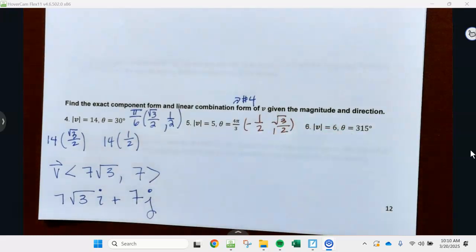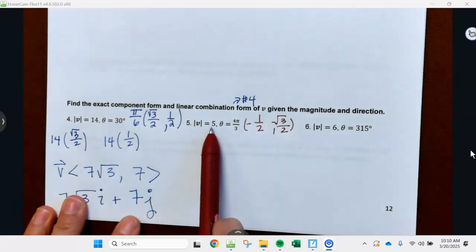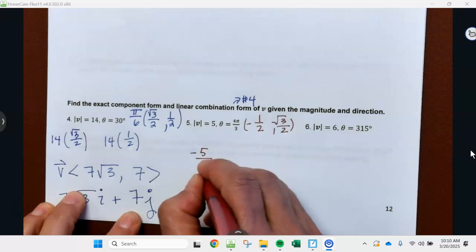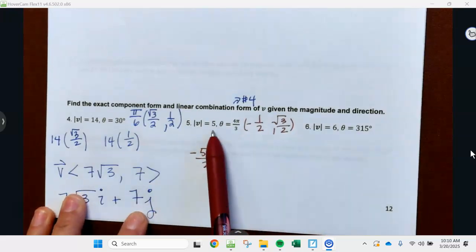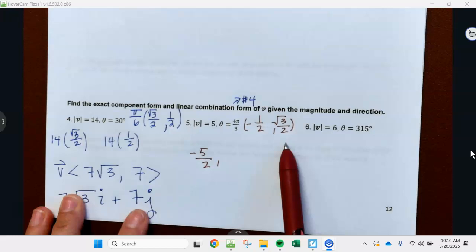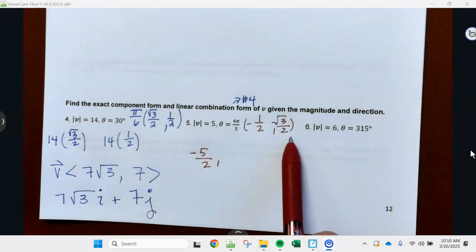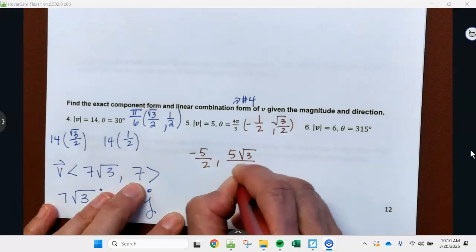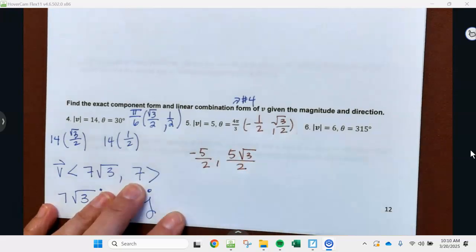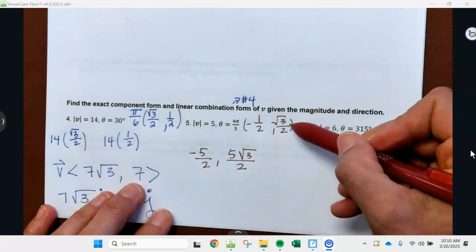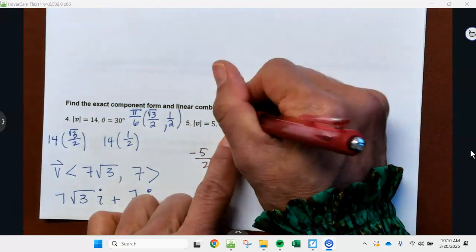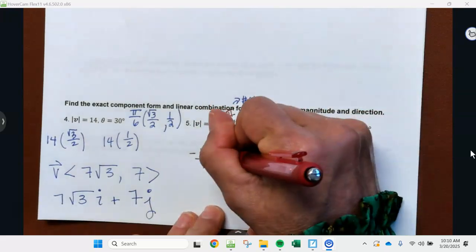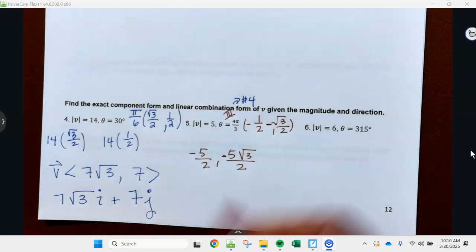Just going to distribute that 5. 5 times a negative 1/2 does not simplify, it's just negative 5/2. 5 times positive root 3 over 2, nothing cancels out when I multiply those two together, so it's going to be positive 5 root 3 over 2. And I apologize to you because my y-coordinate should be negative because it's in quadrant 3. So everything is negative when it's in quadrant 3.